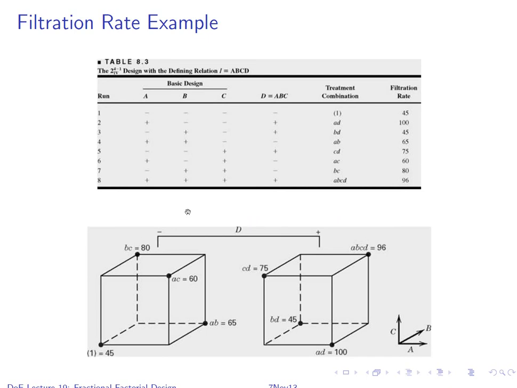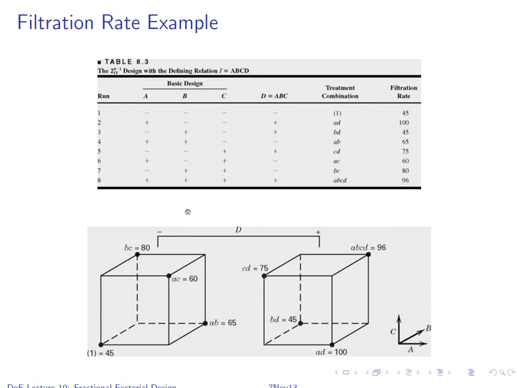And each dot represents the experiment that's performed in the 1/2 fraction, and the number that's given there is the value of the response variable, the filtration rate, which goes as high as 100 complete filtration down to a case where there's 45.